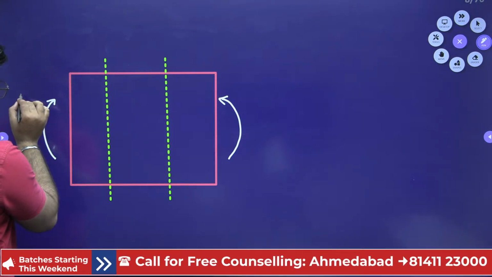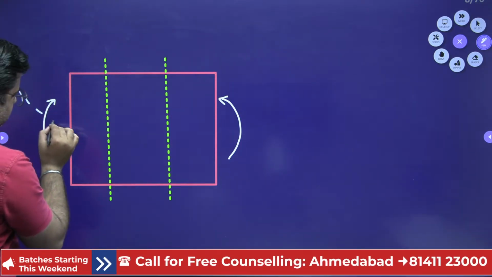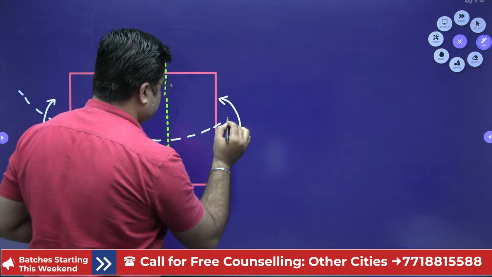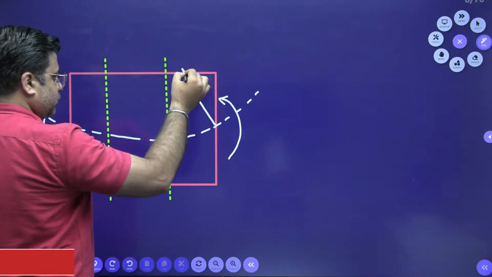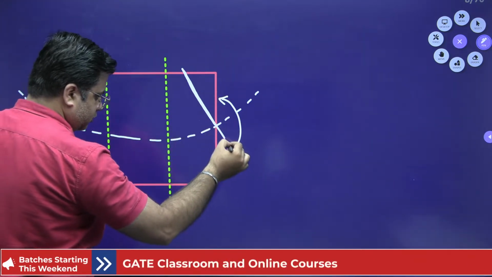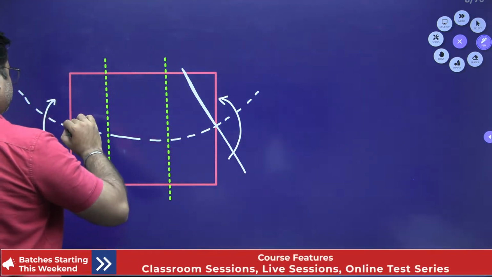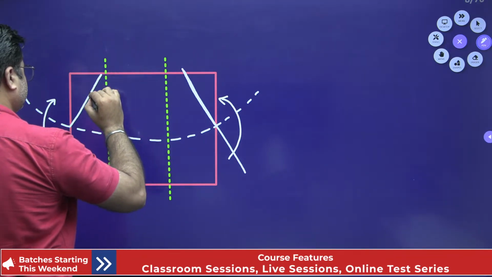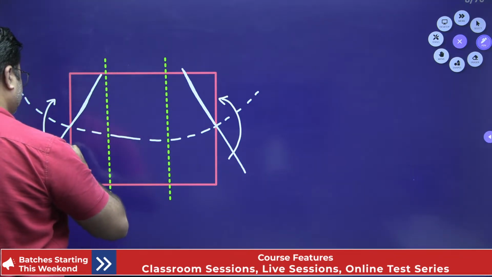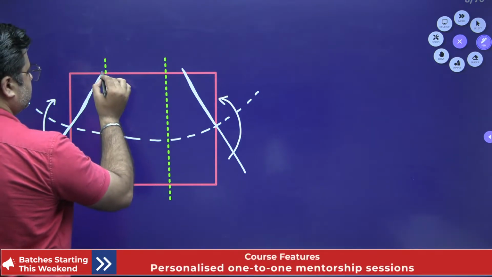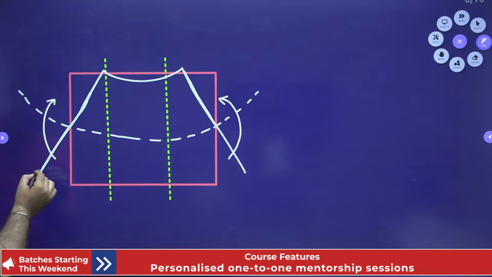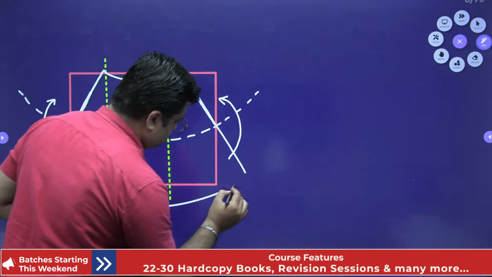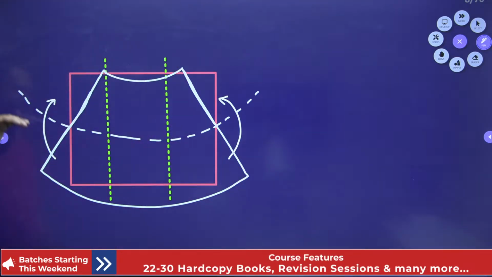I'll draw this neutral axis first. So this kind of sagging shape of the beam you will have, right?